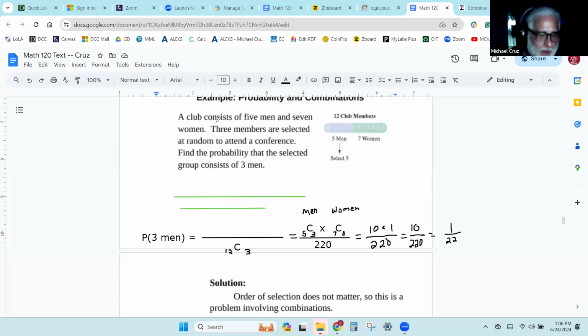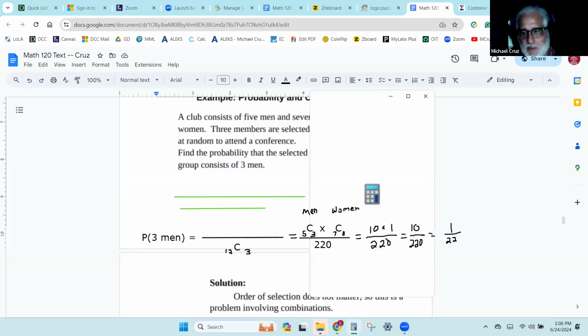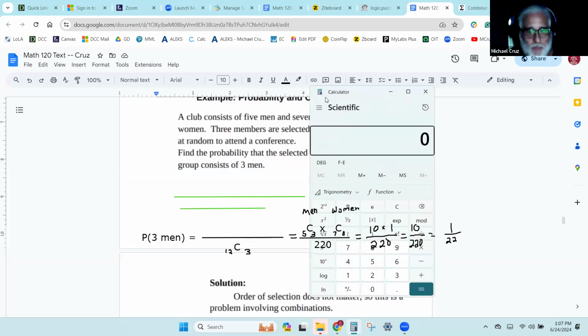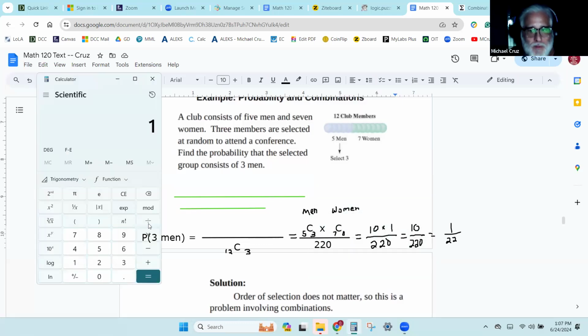Well, if you come out with a probability of 1 over 22, and we do that with a decimal to give it a little bit better perspective, 1 divided by 22 is 0.045. In other words, that's less than 5%. So that's what we would call in statistics a rare event. So we're not looking forward to that happening. 4.5% chance of something happening. It could happen, but don't sit around and wait for it.